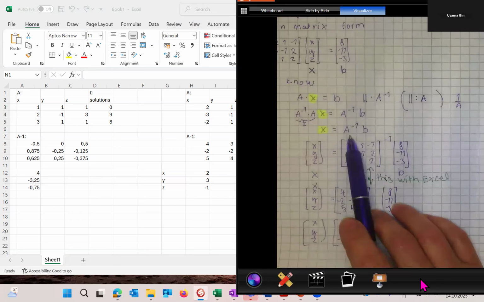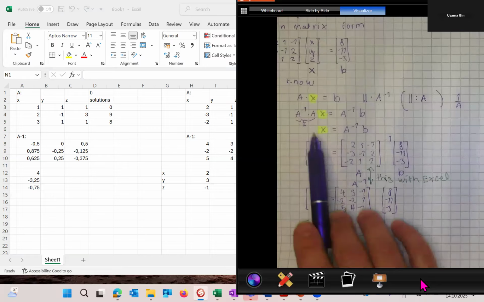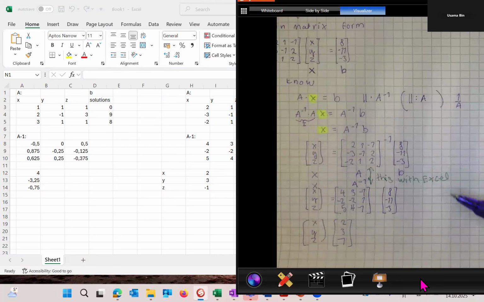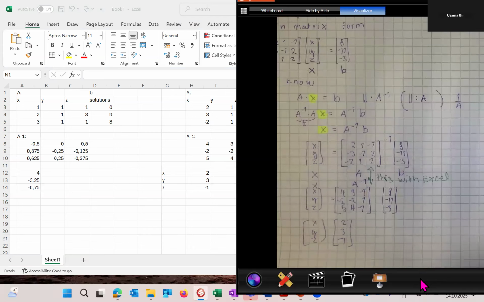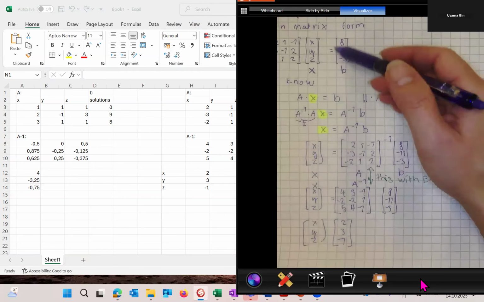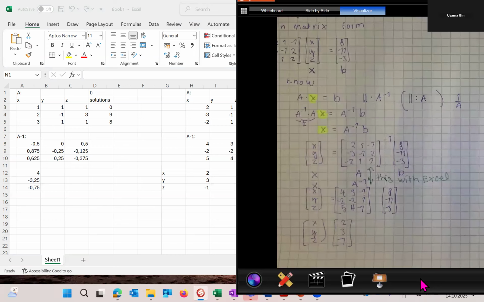But then of course, I multiply both sides. And so then I also multiplied it here, and now I have the inverse matrix of A times B here. And my B was the matrix of the solutions. Yes. Okay. So now we go to the Excel to do this thing.